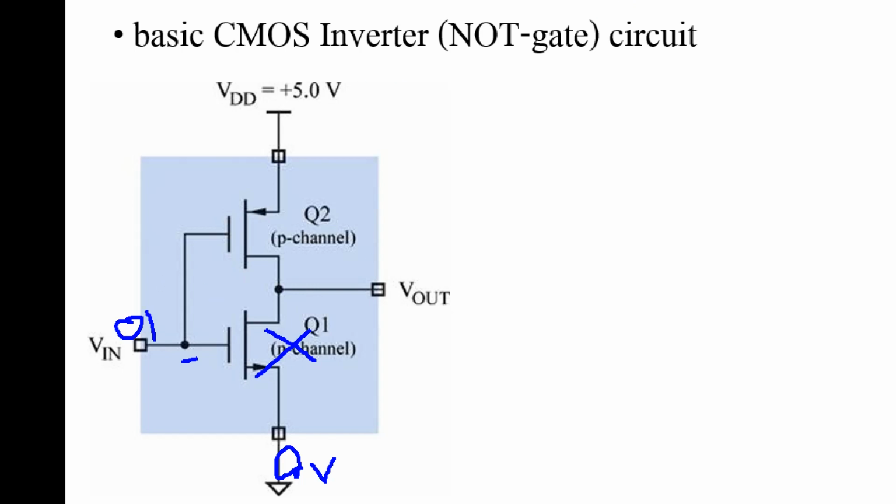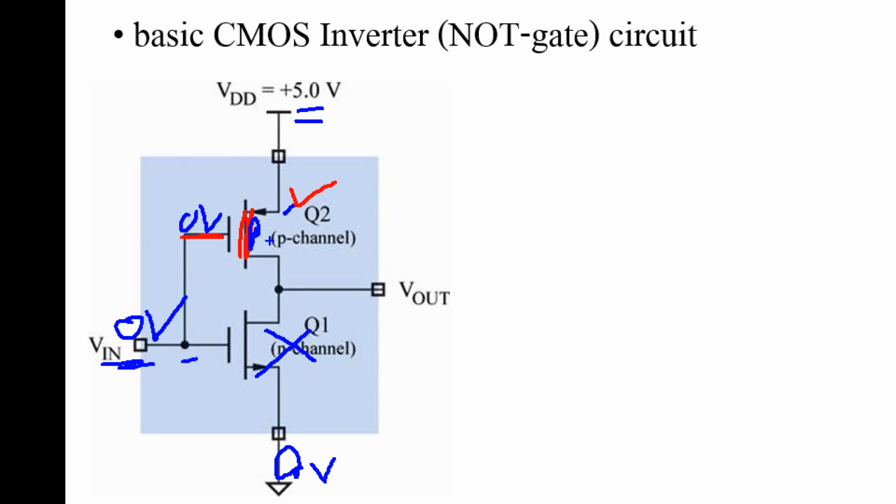And when you apply 0 volt here and 5 here, right? That means this gate potential is negative, okay? It's a lower voltage when compared with this terminal. So the holes will now accumulate here and then become a P channel.